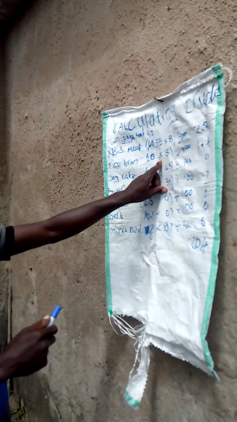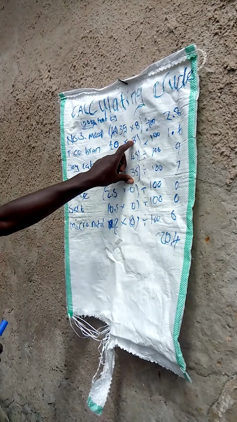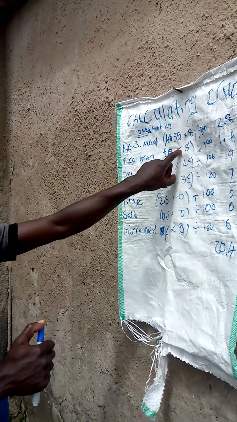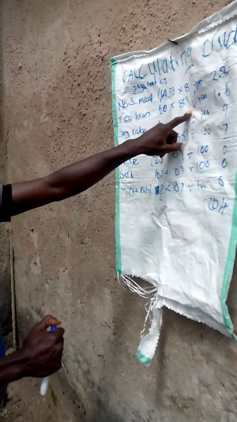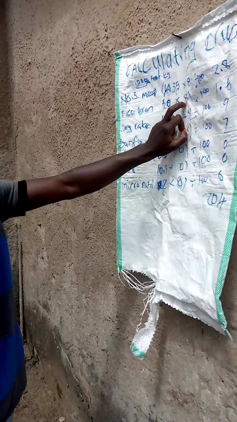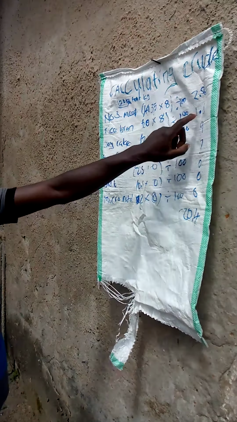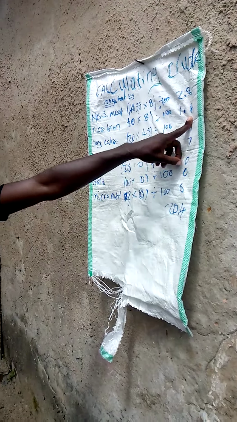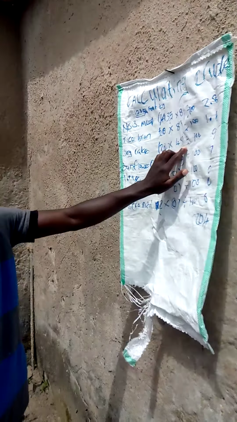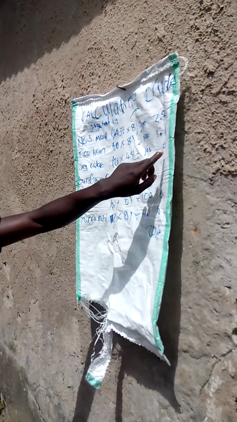Then rice bran, when we multiplied 20 by 8, it gave us 160. When we divided it by 100, it gave us 1.6. Soya cake as well, when we multiplied it by 45 and divided by 100, it gave us 9.